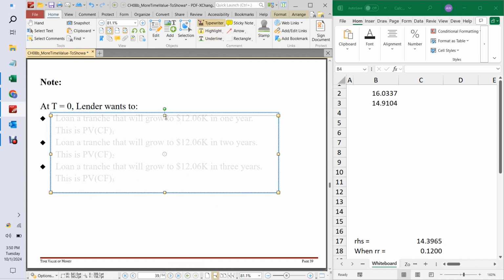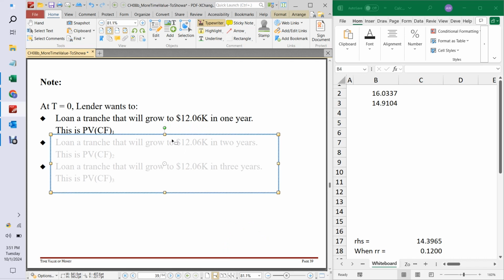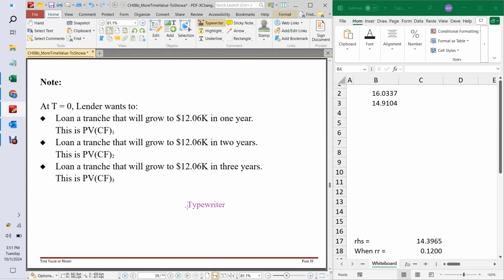To put that in words, at T equals 0, the lender wants to loan a tranche that's going to grow to $12,060 in 1 year, and loan another tranche that will grow to $12,060 in 2 years, and another tranche that will grow to $12,060 in 3 years, and the sum of all 3 tranches is equal to CF0 or PV tot.